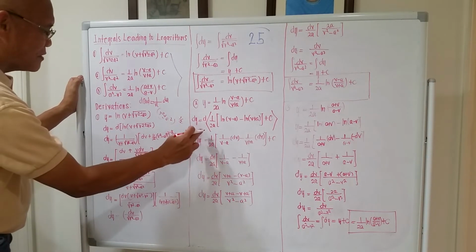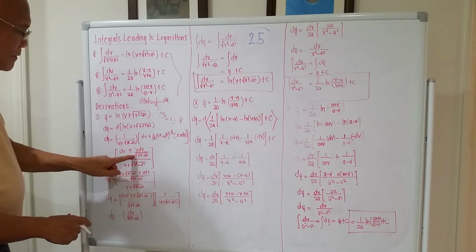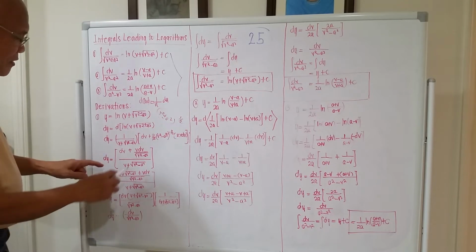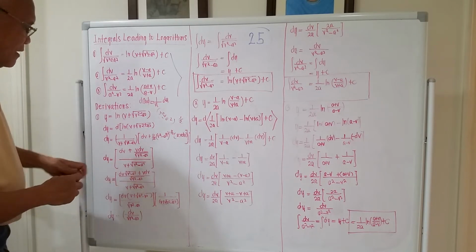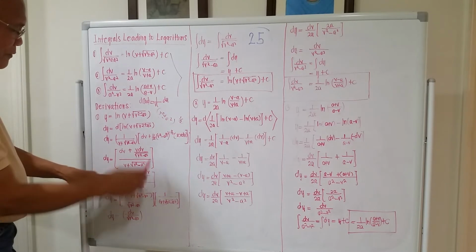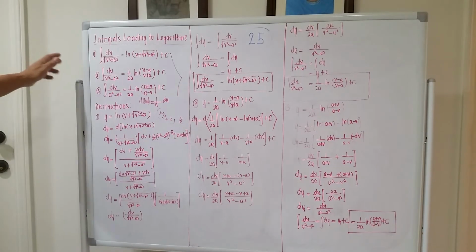The one that remains on top is just b db all over this square root. The first one is 1 times db, it's this, all over b plus the square root of b square minus a square. It's just a matter of simplification.